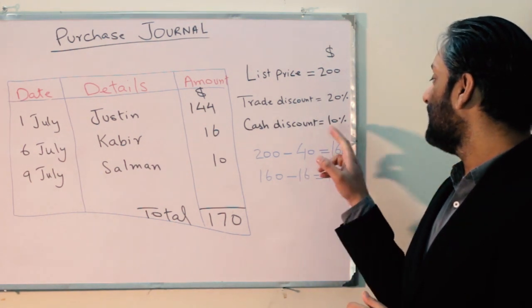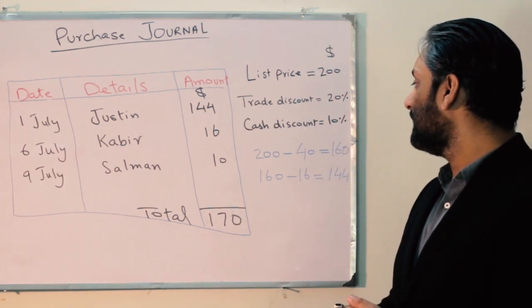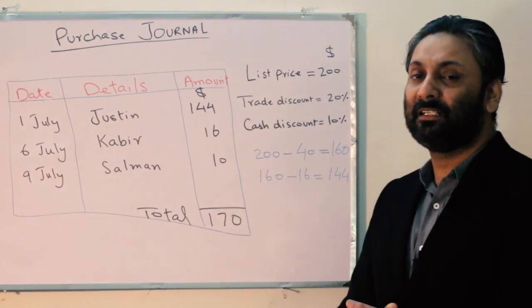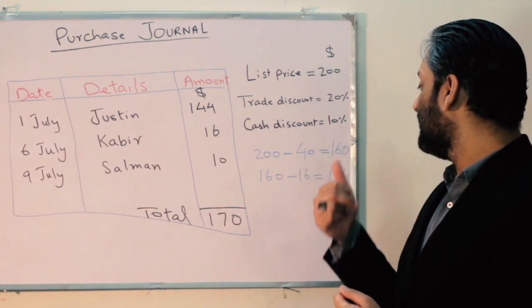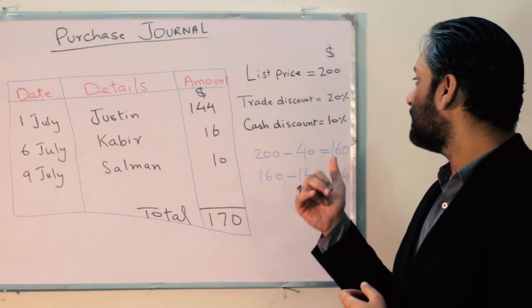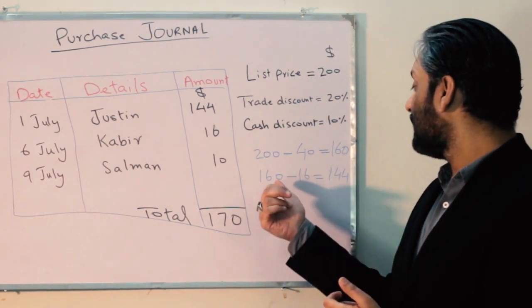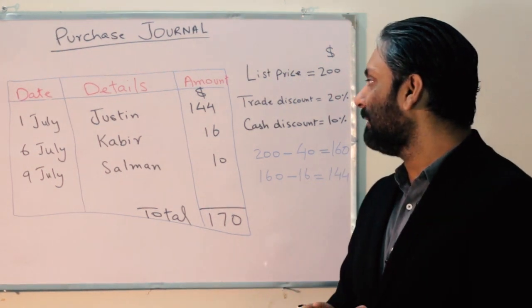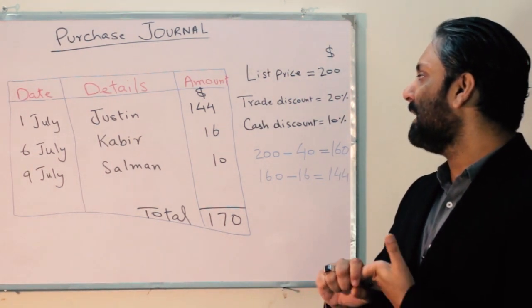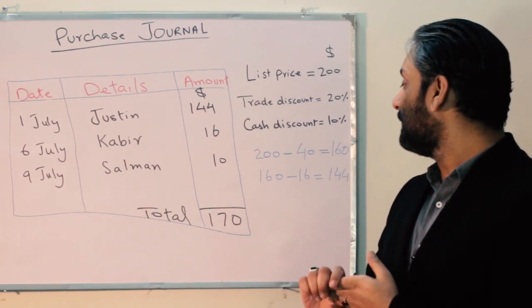Then we are offered a further cash discount for prompt payment, which is 10% of the remaining amount. So 160 minus 16, 144 is the final payment which is supposed to be made by us to the supplier.